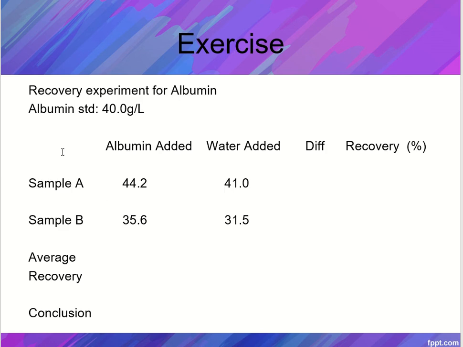So this is the exercise if you want to do a recovery experiment for albumin. You can calculate. This is the albumin standard, so you can calculate the difference and then the recovery.